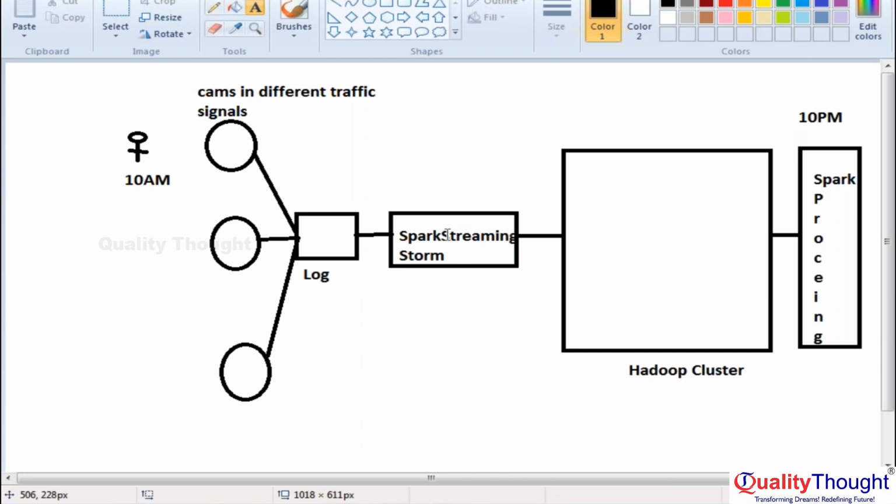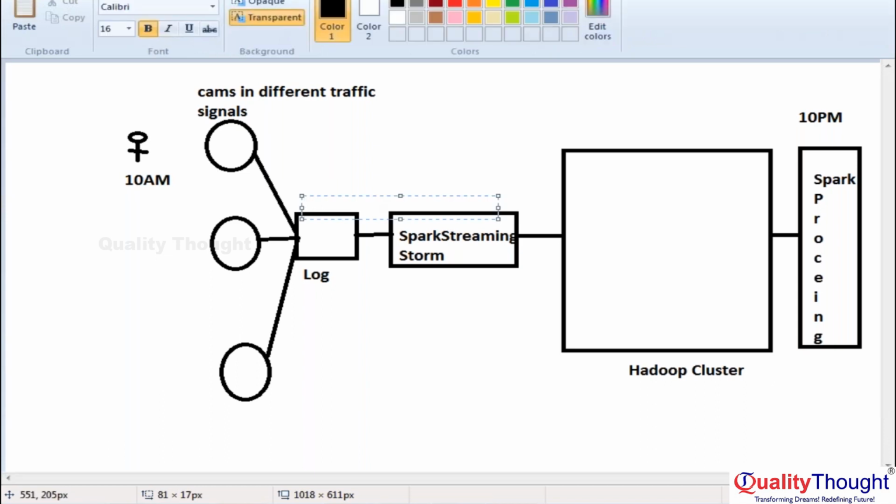One more scenario. Previous scenario was the example. This is a web server, not a traffic signal. This web server is for a bank.